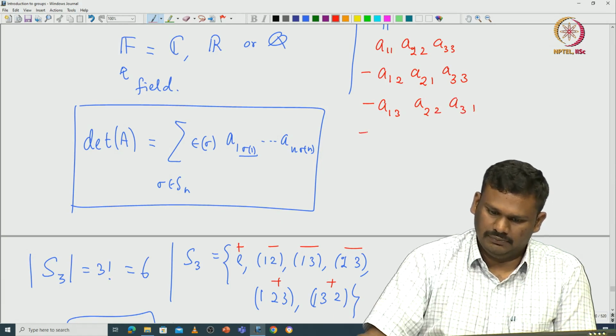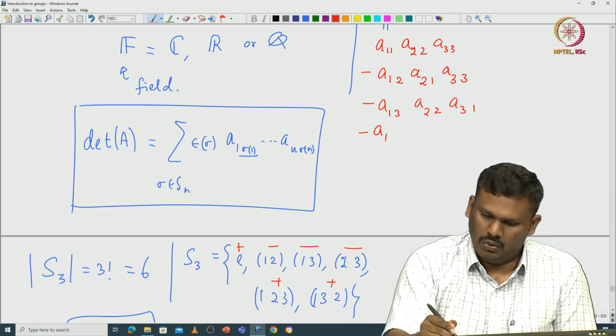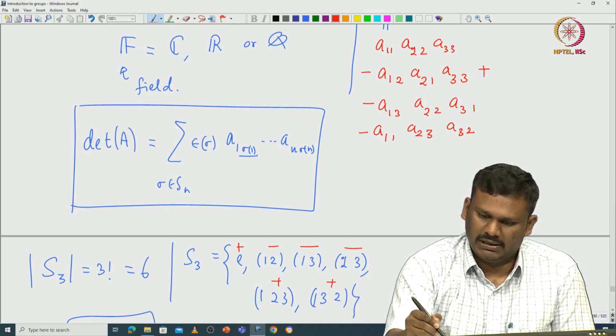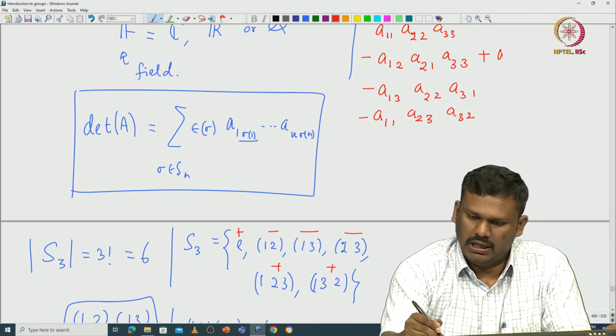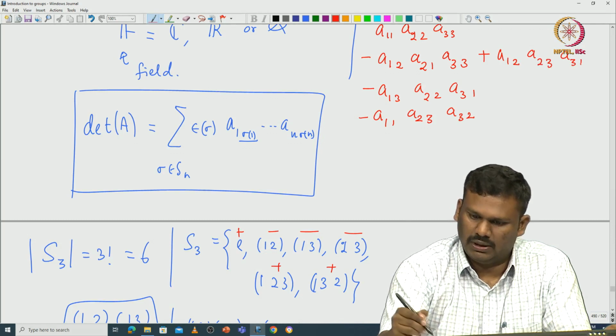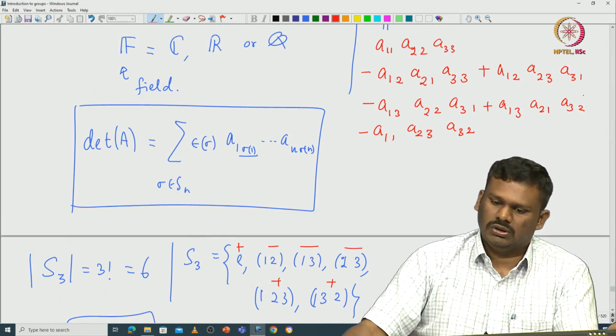Then minus A1 goes to 1, A2 goes to 3, A3 goes to 2. And then plus, similarly, for (1 2 3): A1 goes to 2, A2 goes to 3 and A3 goes to 1, plus A1 goes to 3, A2 goes to 1, A3 goes to 2.